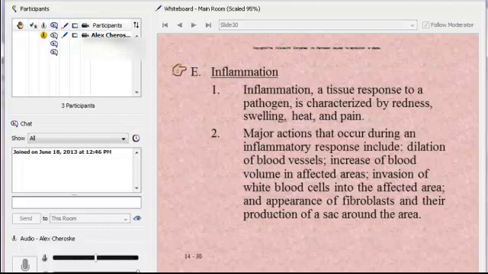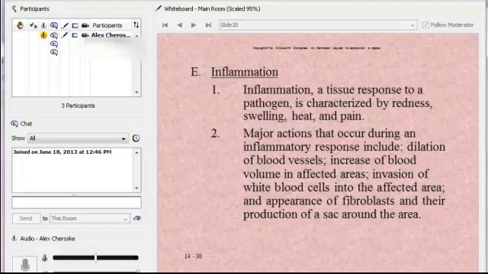So inflammation, though, or pathogen that's getting in there, is going to be basically allowing our different bodily defenses, our white blood cells, to get access to that area that much faster. We want to make sure that if we're being invaded by bacteria there, we can get our defenses there and start battling them before they start spreading too far. Another interesting aspect about inflammation is fibroblasts, which are cells that produce fibers, like connective tissue fibers.